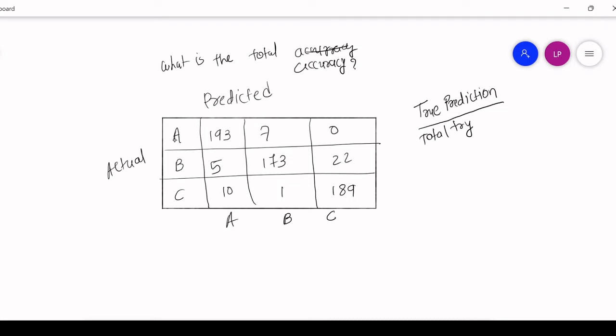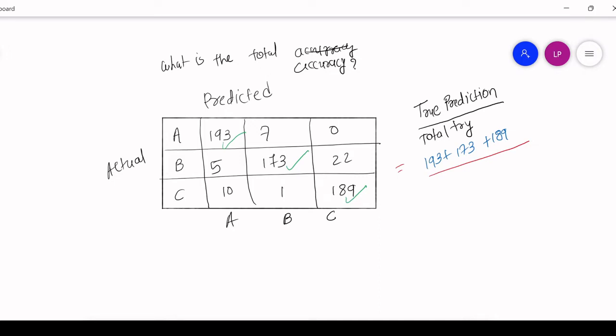When the actual was a and the predicted a, we can say this is a true one, this is a true one, and this is a true one. So we can say here that true is 193, 173, and 189.